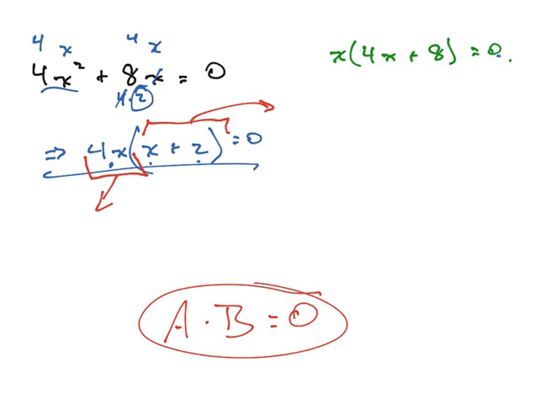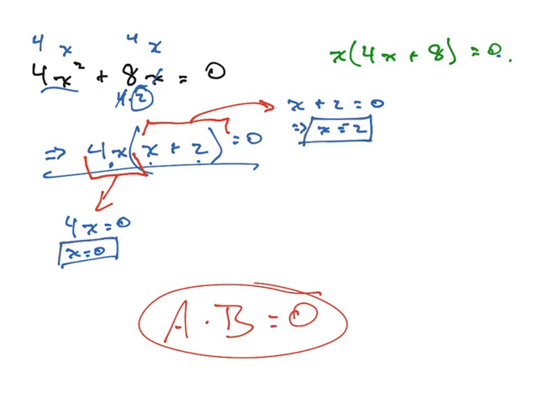And so that tells me either 4x is equal to 0, in which case x is 0, or x plus 2 is equal to 0, in which case x is negative 2. And there we got our answers.